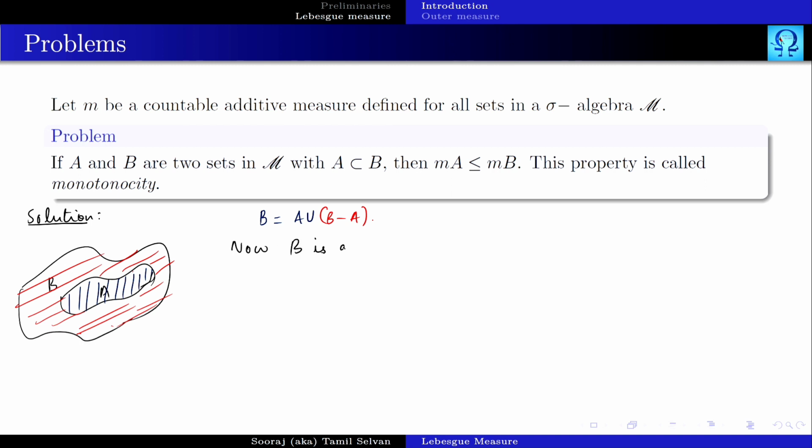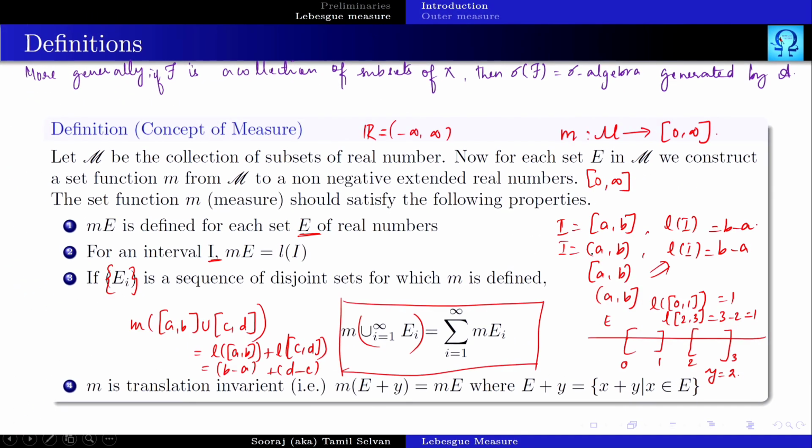So with this ideology, B is a union of disjoint sets, right? By property 3, if you have a sequence of disjoint sets for which measure is defined, then the measure of the union is just the sum of individual measures.